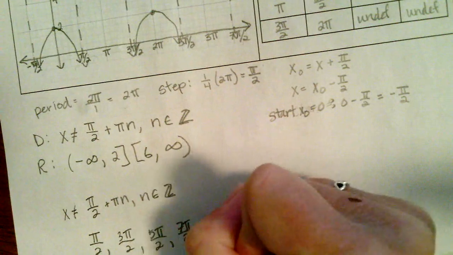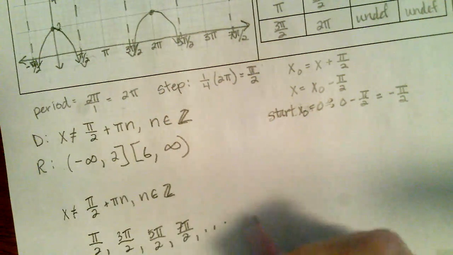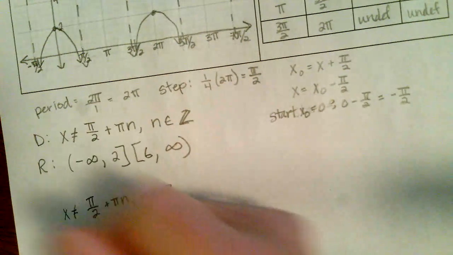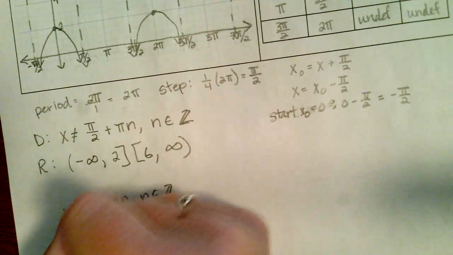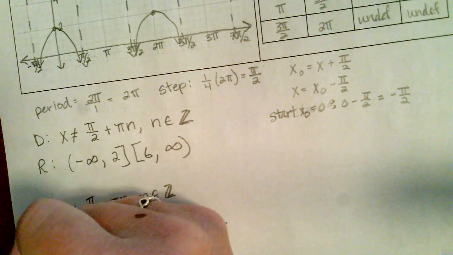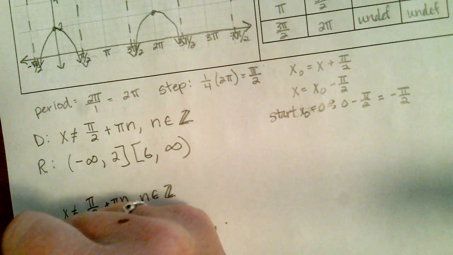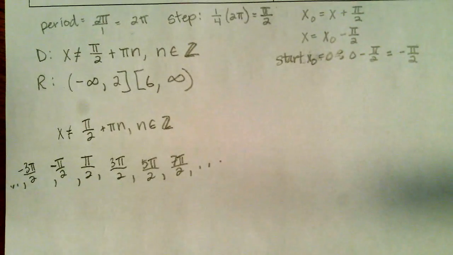And it's going to keep going on, right, as the numbers get bigger. But then it's also, we talked about how it's going to be negative pi over 2. Okay, if we subtract, it's going to be negative 3 pi over 2. And it's going to keep going in the right direction. Okay, sorry if you couldn't see those.